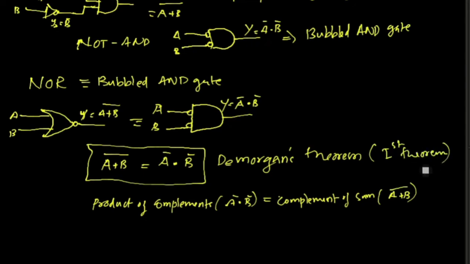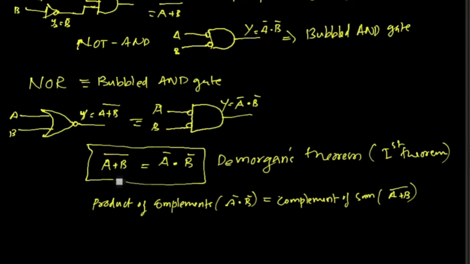One more theorem is there which we will discuss later. That is (A or B) all complement is equal to A complement and B complement. A complement and B complement is the product of complements, and (A or B) all complement is the complement of the sum.